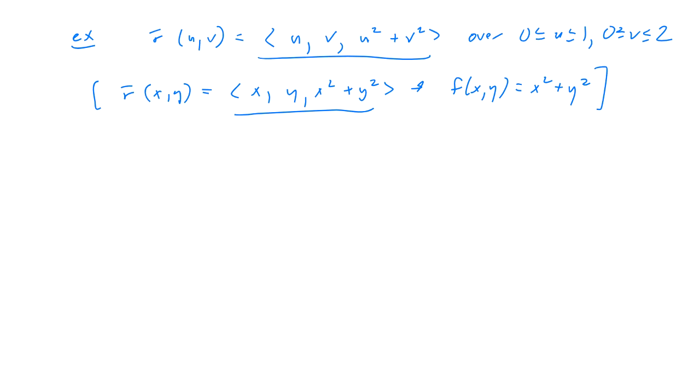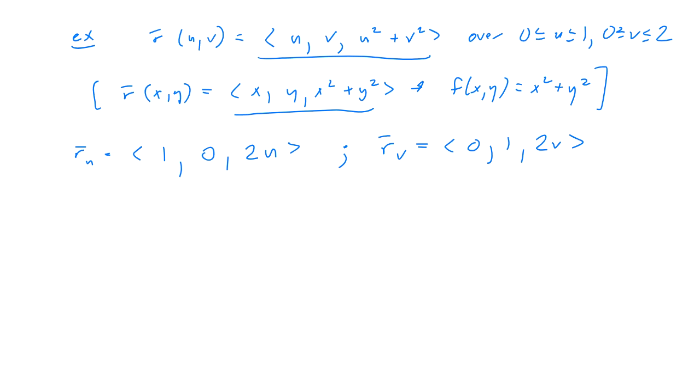So for this, what we have to do is take the two partial derivatives. So we get r sub u, which obviously is pretty easy, 0, 1, and 2u. Take the partial with respect to v. Again, pretty basic.